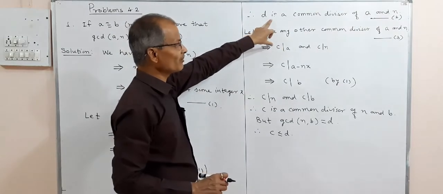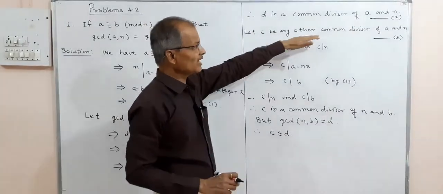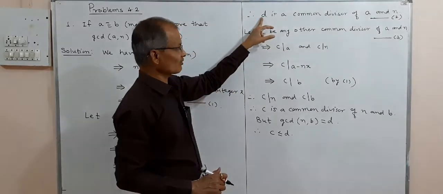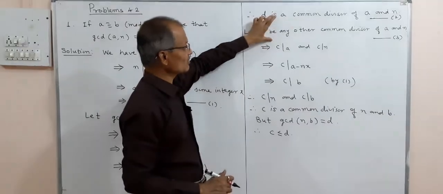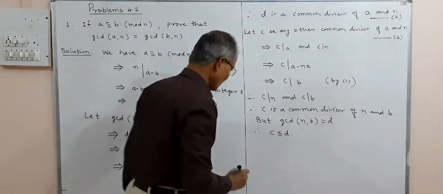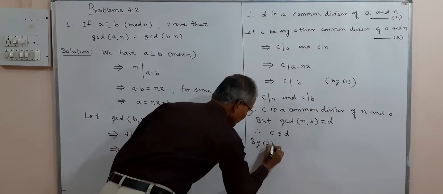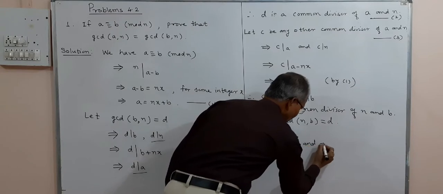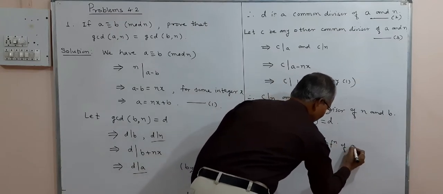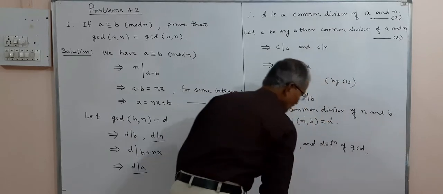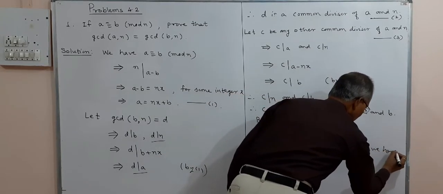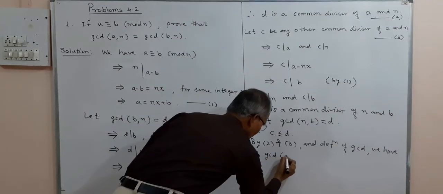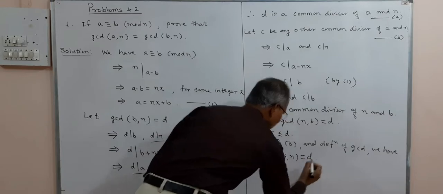Now again refer to the second and third statements. What is d? d is a common divisor of a and n, and c is any other common divisor of a and n. And what is the relation between c and d? c is less than or equal to d, and therefore d is the greatest common divisor of a and n. So by 2 and 3, and the definition of GCD, we have the GCD of a and n is also equal to d, and this proves the result.